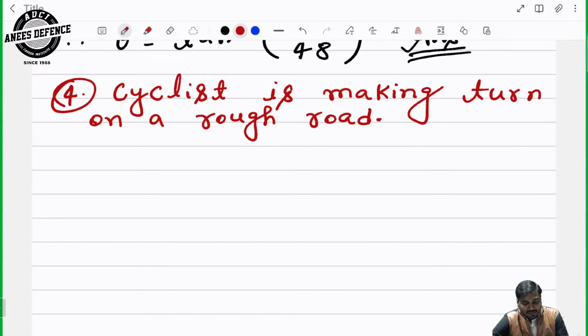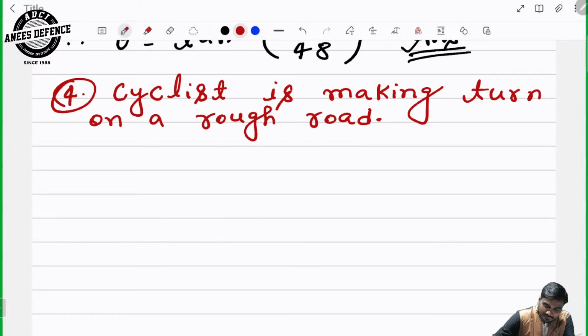A cyclist is making a turn on a rough road. It means on a rough road that cyclist will not turn his body by any angle from the vertical. Yes or no? So he will go straight, but the friction force will act towards the center in that situation.